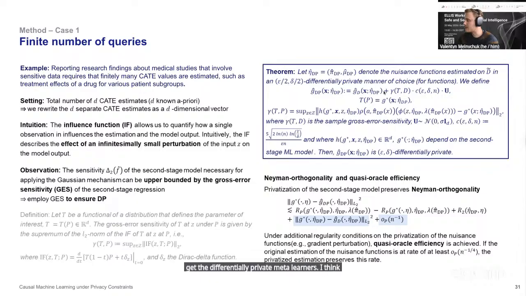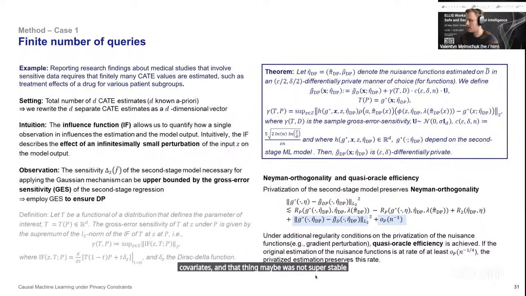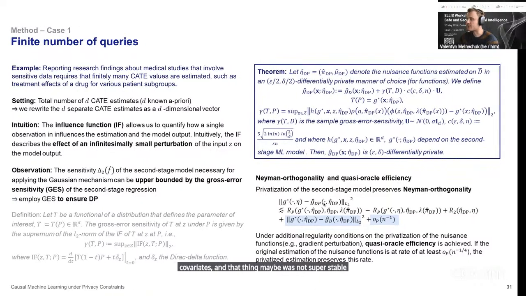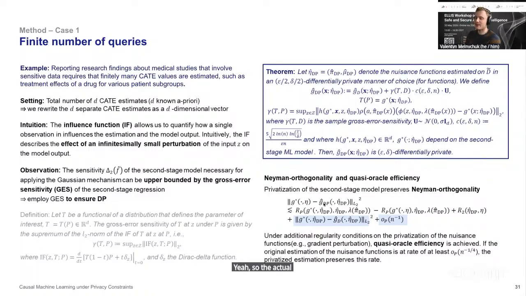The way Mareza implemented this Gaussian noise perturbation for the output, you have to find the supremum over this joint space of treatment, outcomes and covariates, and that maybe was not super stable. So the actual practical application, we are still not there.